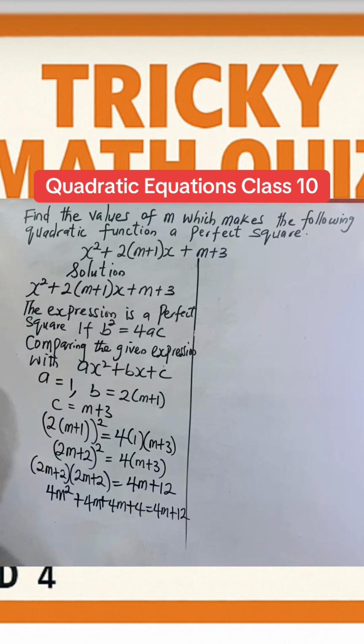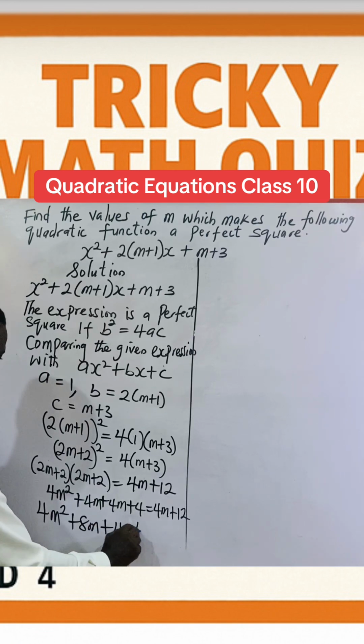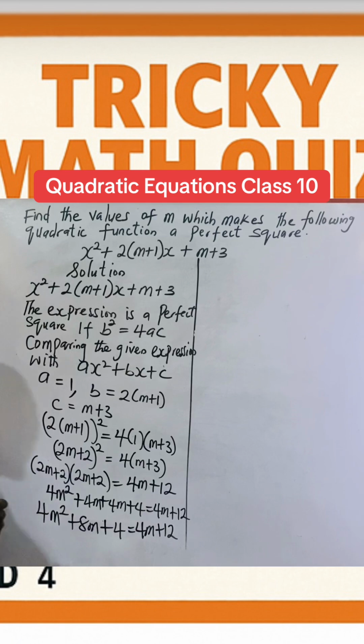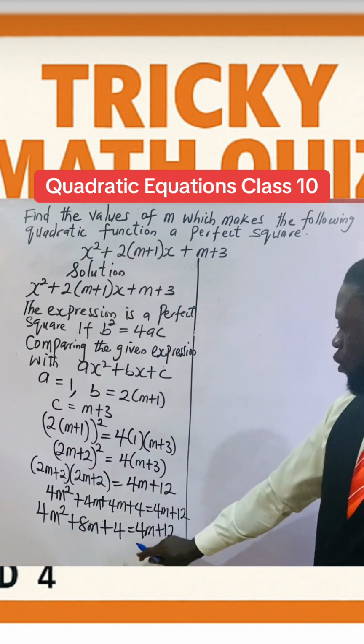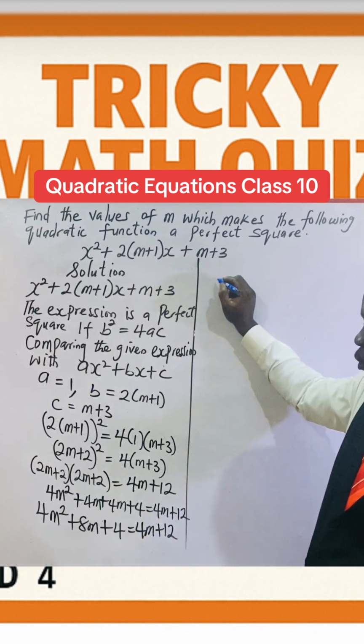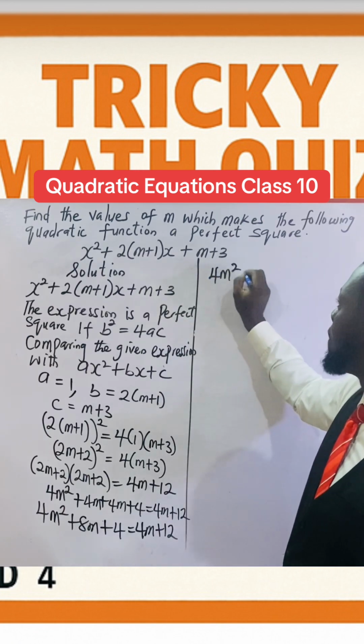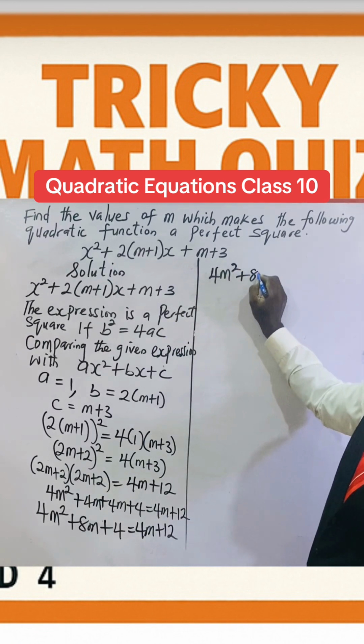All right. So let's see if anything can go. Let's collect items and rearrange it. We have 4m squared. 4m plus 4m, we have 8m, okay? Plus 4 equal to 4m plus 12. Let's now simplify this. Here now you have 4m squared plus 8m.